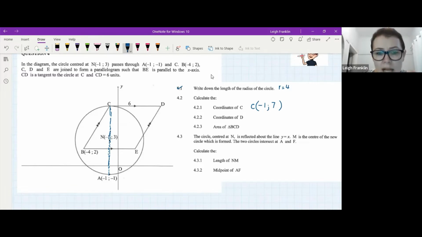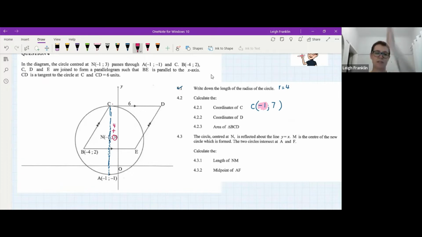So that takes care of that value. As far as the 7 is concerned, what Neo has done here is he's taken this 3 and added 4 onto it, in order to get up to the top over here where 7 is. Remember, the length of the radius is 4 units.